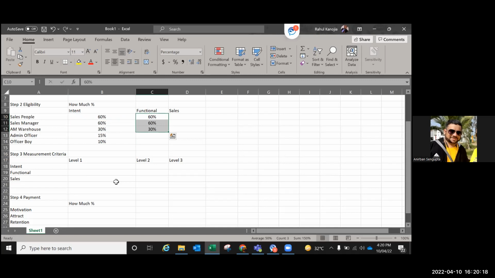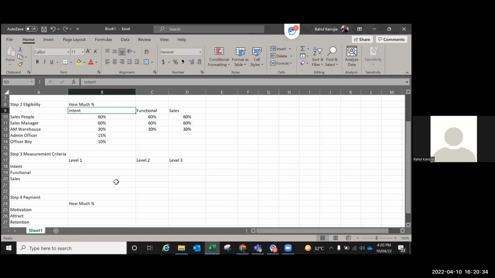They should be excluded from this functional part. And they will not have a role on the sales part also. Yeah, so this should remain constant for both.